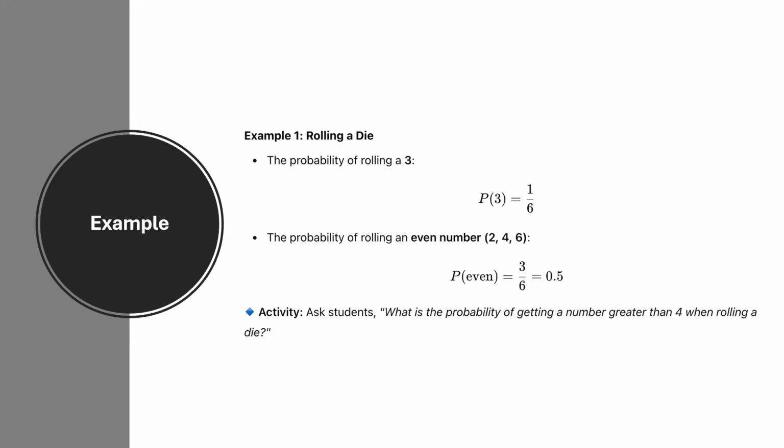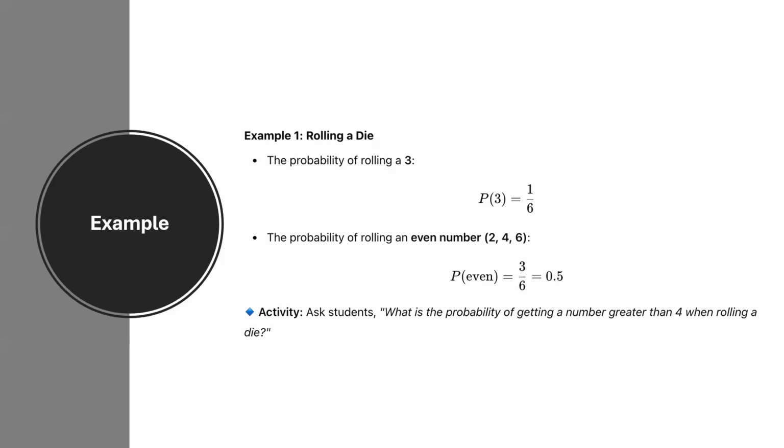So the numerator will be 1, because we are talking about the favorable outcomes, divided by the total number of possible outcomes, which is 6. So the probability of getting a 3 is 1 divided by 6.